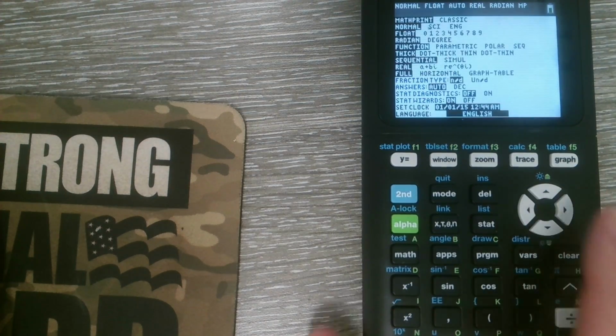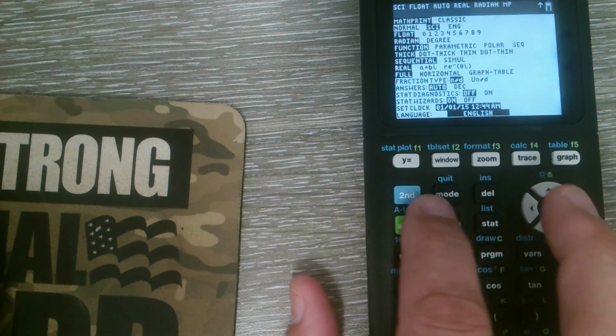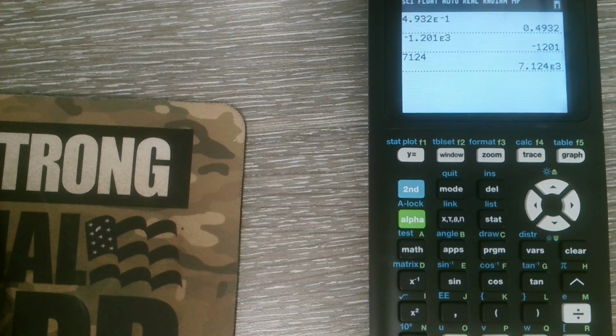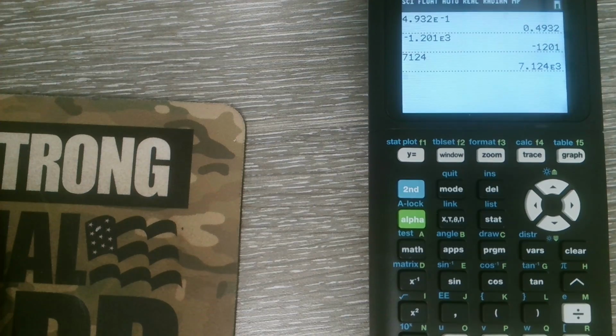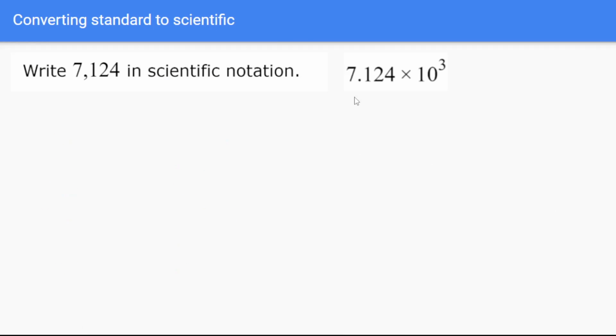I'm going to switch it over to scientific, hit enter, and then to get out, remember it's second mode. I'll hit enter again, and now we have scientific notation. It's 7.124 times 10 to the third. That e means times 10 to the power of, and then whatever number comes after is the exponent. So 7.124 times 10 to the third.